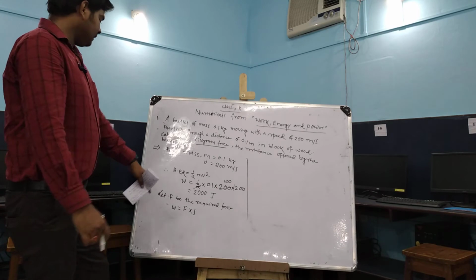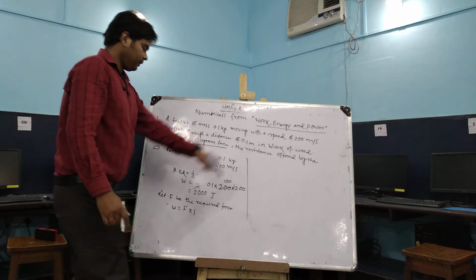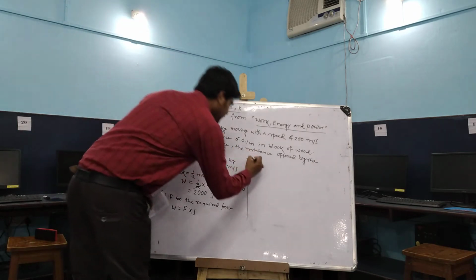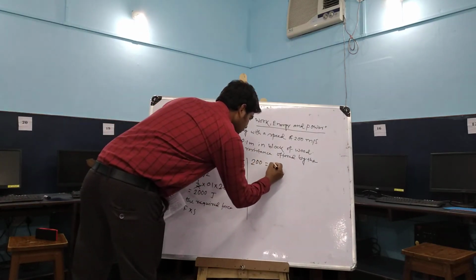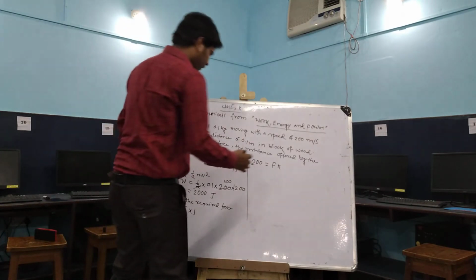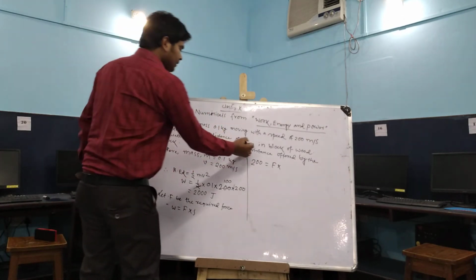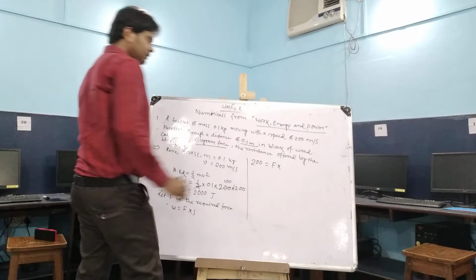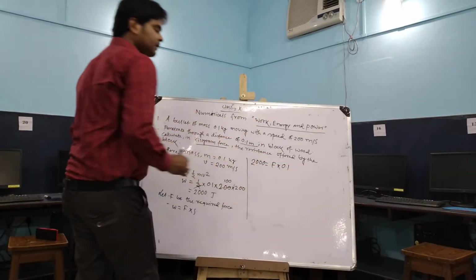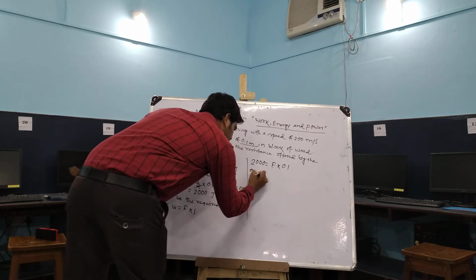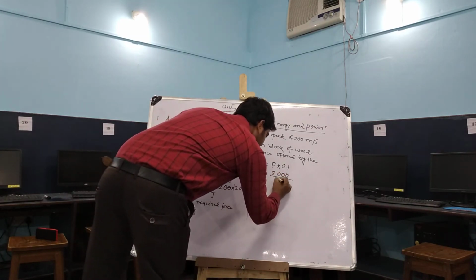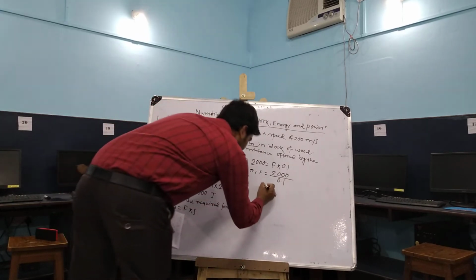Now W is equal to 2000 joule, so 2000 is equal to F into S. The value of S is given, here 0.1 meter. F is equal to 2000 divided by 0.1.